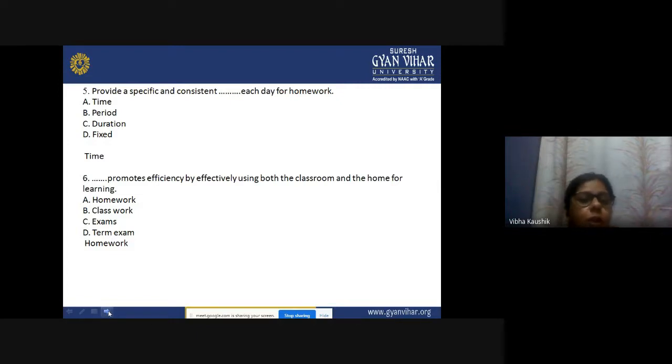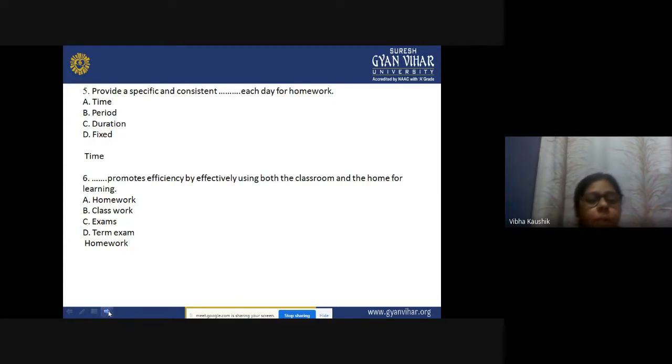Now the sixth one, dash promotes efficiency by effectively using both the classroom and the home for learning. Now, which is promoting efficiency by effectively using both the class and the home for learning? It means that thing can be given by the teacher during the class, or after the class.